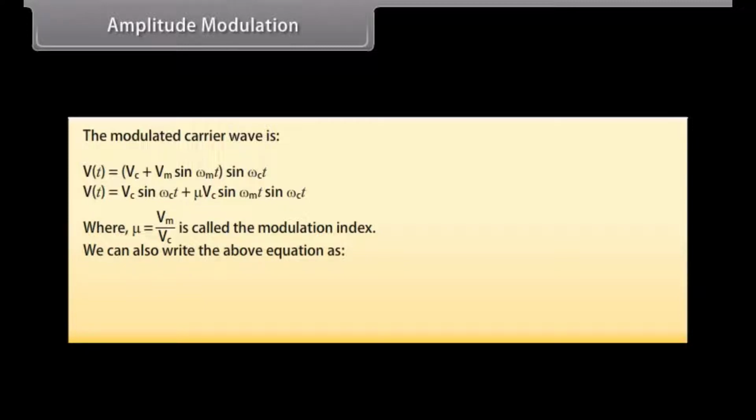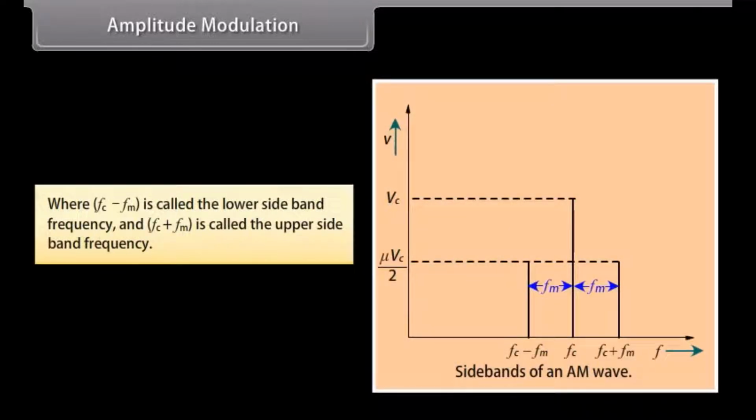We can also write the above equation as follows. Here, fc minus fm is called the lower sideband frequency and fc plus fm is called the upper sideband frequency.